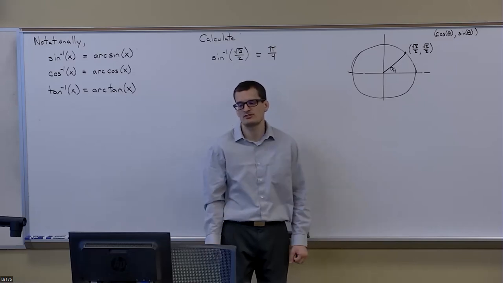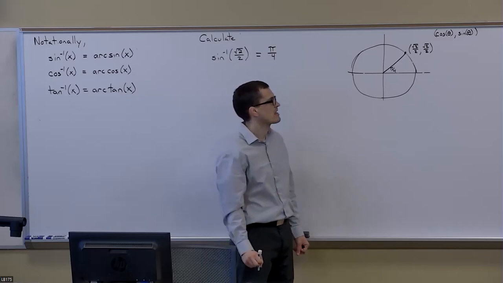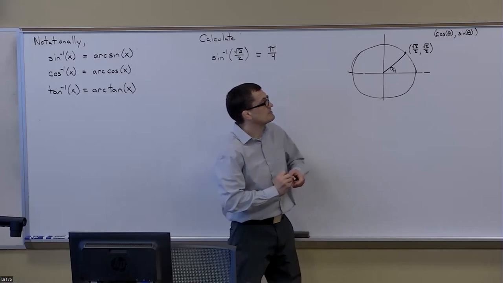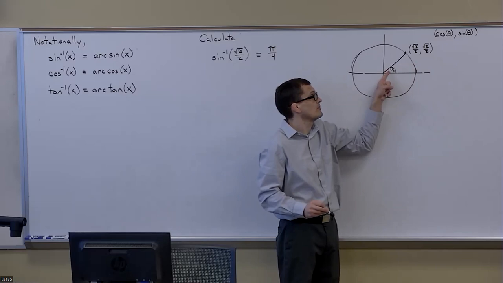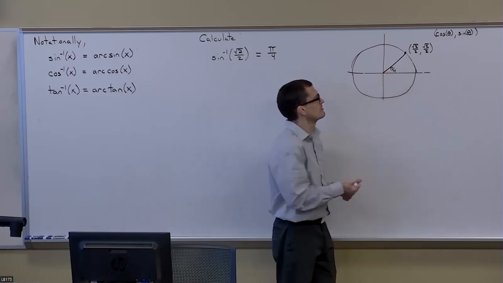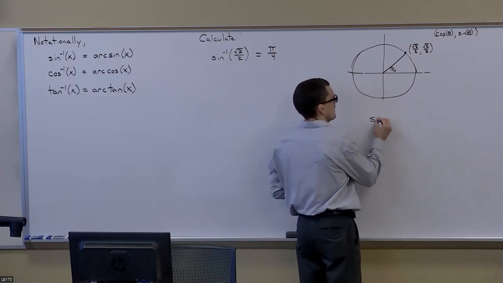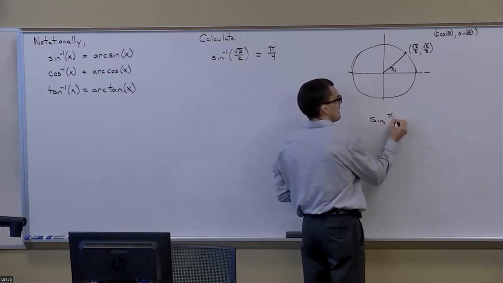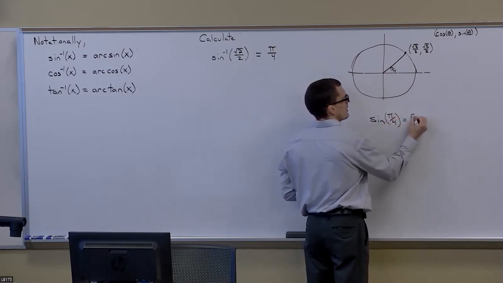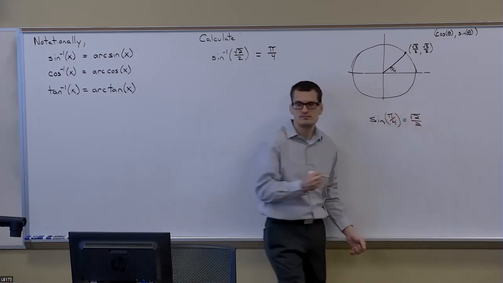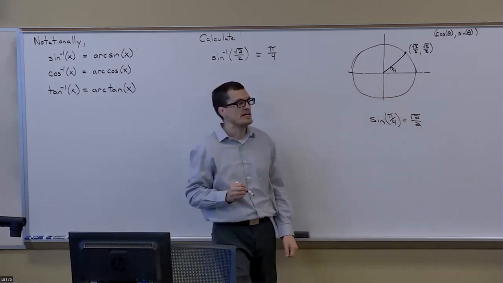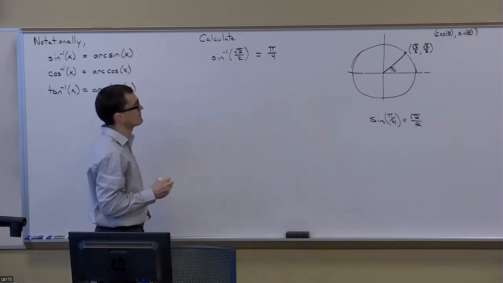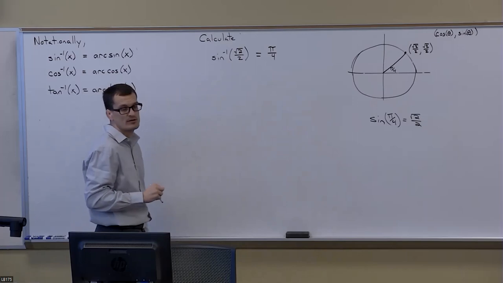Remember doing that kind of tracing stuff? So since I knew sine of pi/4 is √2/2, the inverse sine of √2/2 has to be pi/4.